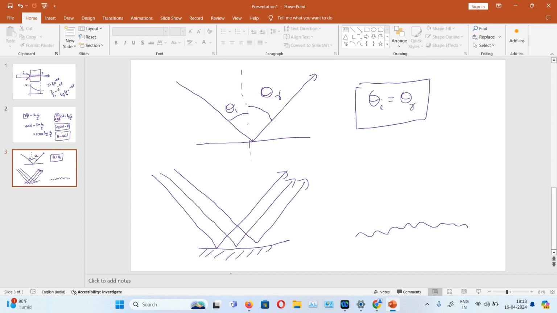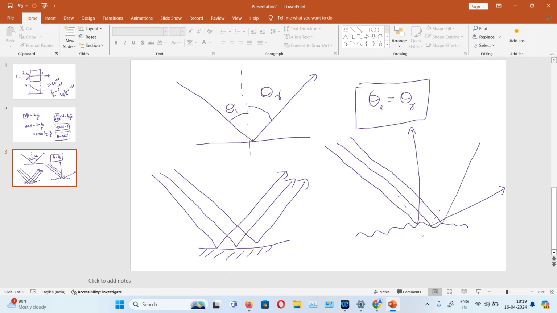Here also the law of reflection is still valid, but the surface is not smooth, so the reflected light rays go in different directions.